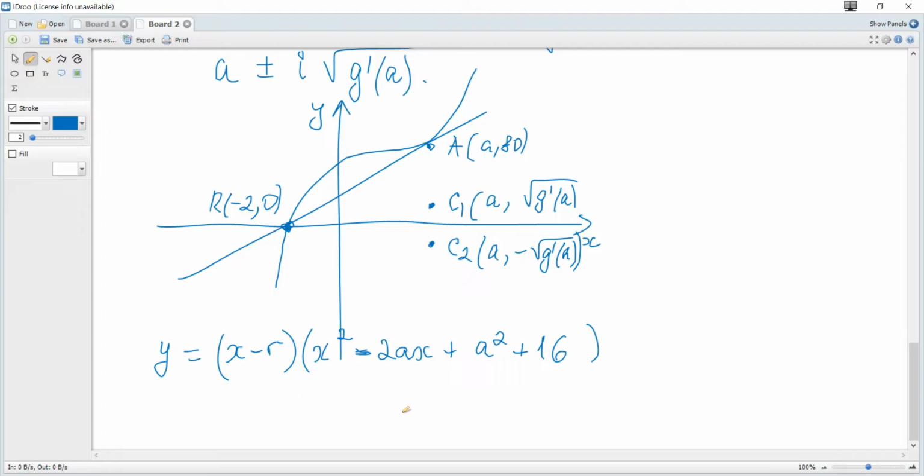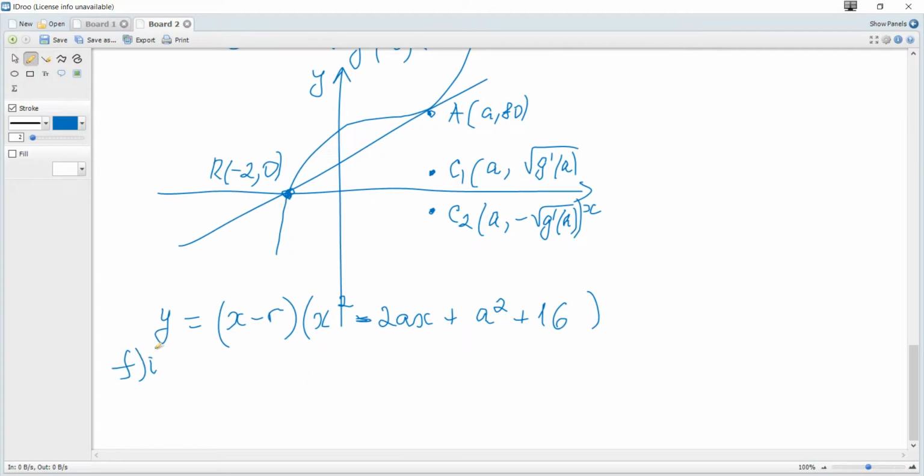The curve and the tangent both intersect the x-axis at the point R with coordinates (-2, 0). The points C1 and C2 are also shown. And question Fi: use this diagram to determine the roots of the corresponding equation of the form (z minus r)(z squared minus 2az plus a squared plus 16) is 0. It's this, but for z a complex number, 4 marks.